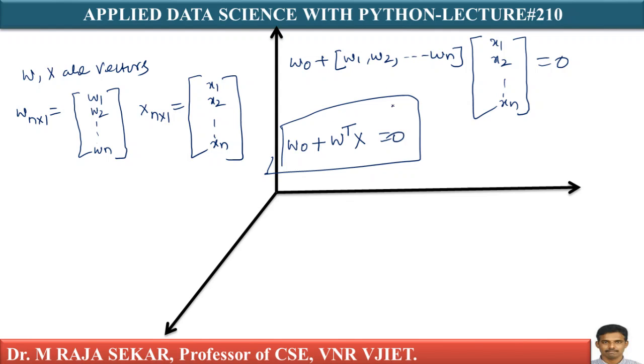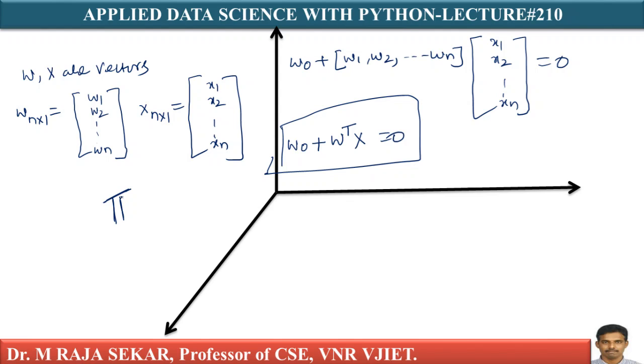Is it not the hyperplane equation? Of course, my w is a column vector, isn't it? Similarly, my x is also a column vector. So, if you write the equation of a plane again, planes are typically written with a capital letter. Planes are typically written with the pi notation, pi, isn't it?